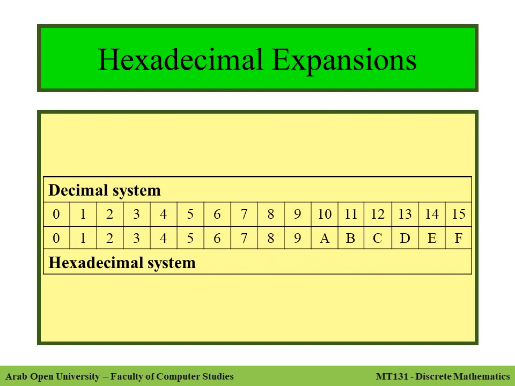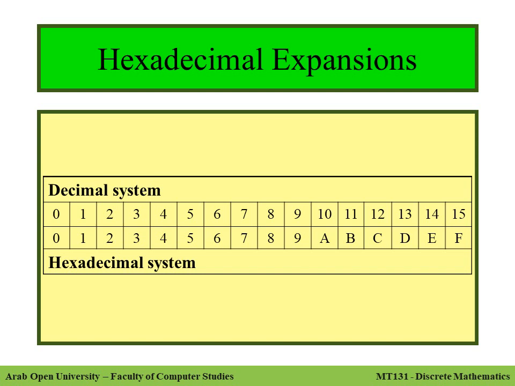The next base we'll look at is the hexadecimal, which is base 16. In base 16, the first 10 digits are the same as in decimal notation, 0 to 9. Past this point, we use letters.